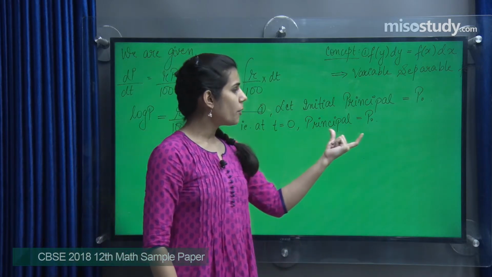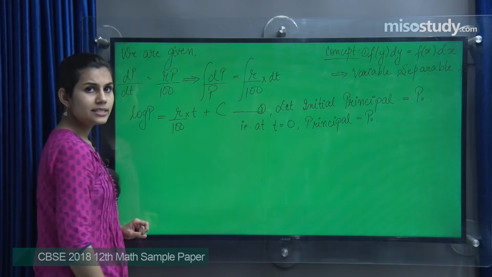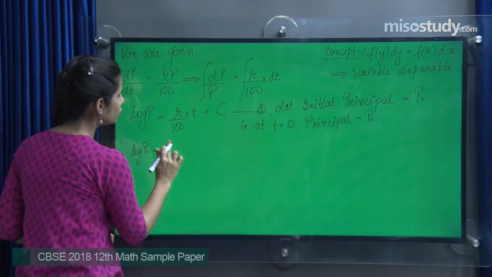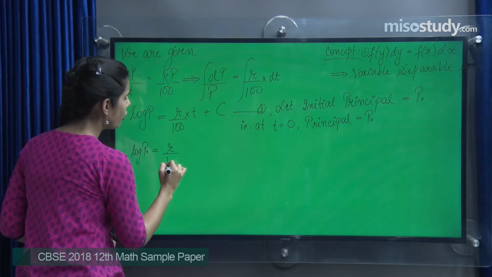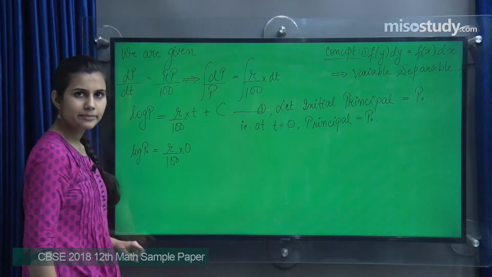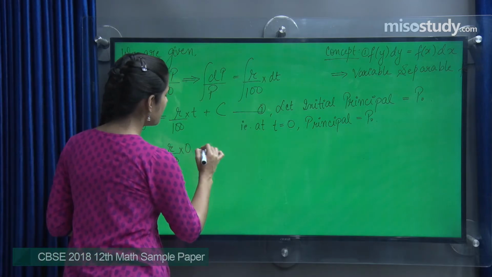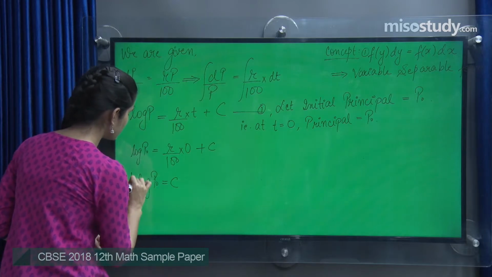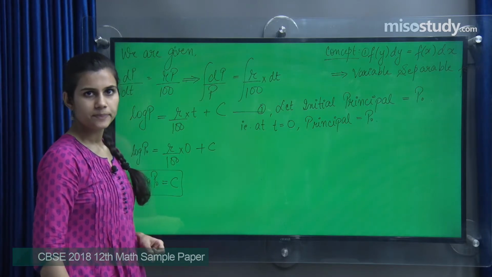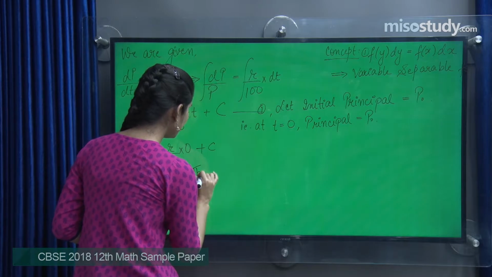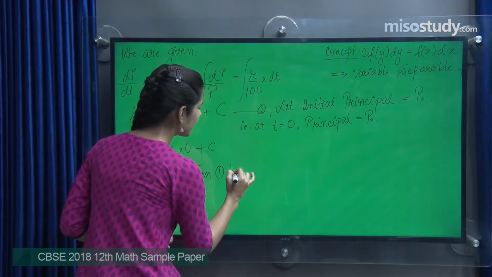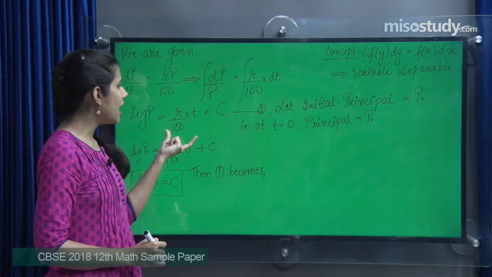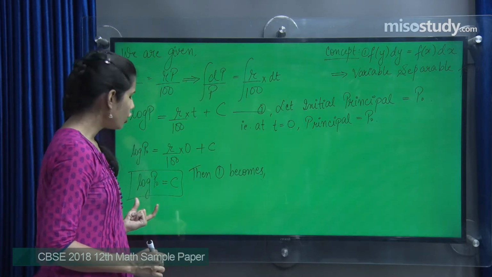So, at time 0, the principal is P naught. Plug that into this equation. What you get is log of P naught equals r upon 100 into 0, because time is 0, then the principal is P naught, plus c, and you get that log of P naught is your c. That means this becomes, what does it become? It becomes log p equals r into t upon 100 plus log p naught.